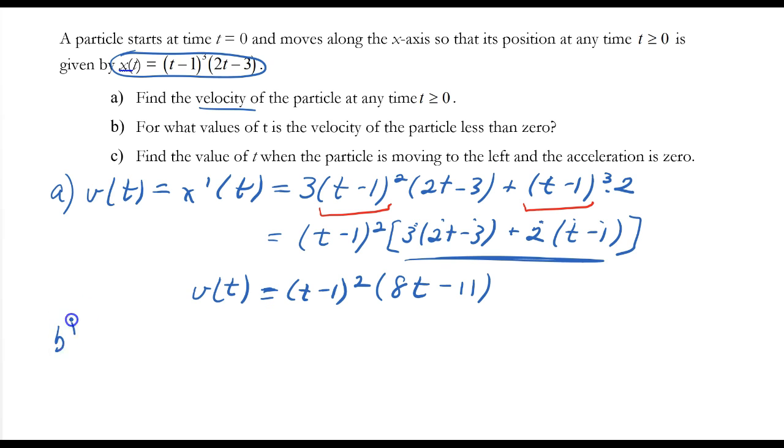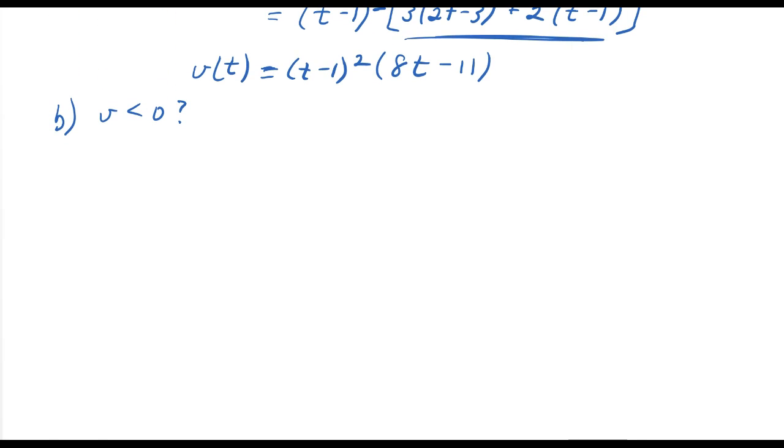In part B, we're asked to find values of t where the velocity of the particle is less than 0. So we want to know when v is less than 0. Well, to do this, notice something about the velocity.